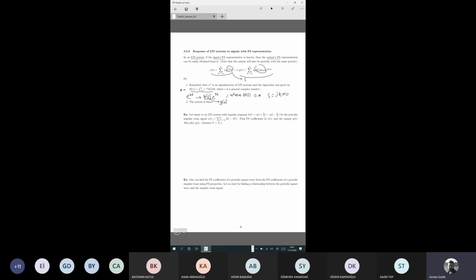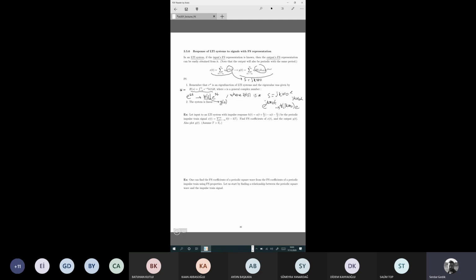In this case, of course, s is equal to jkω0. So if s is jkω0, then I have e^{jkω0t} at the input, and at the output I have H(jkω0) times e^{jkω0t}.